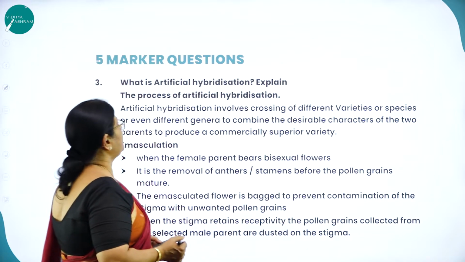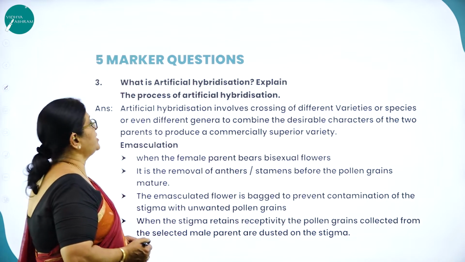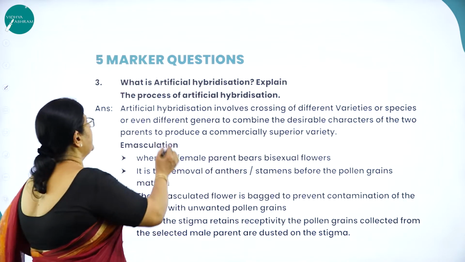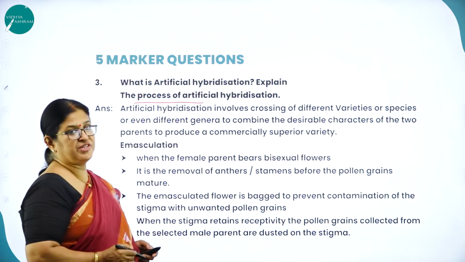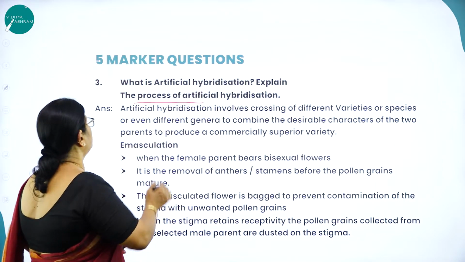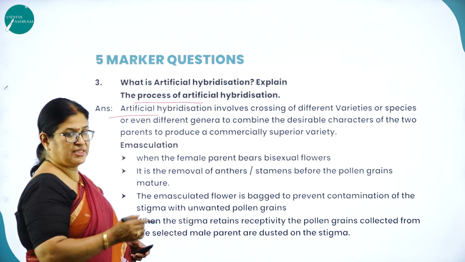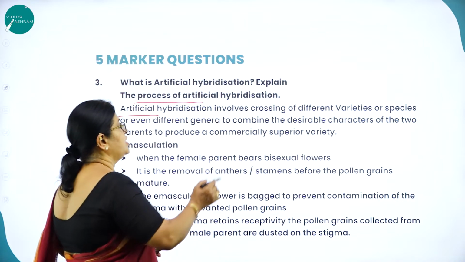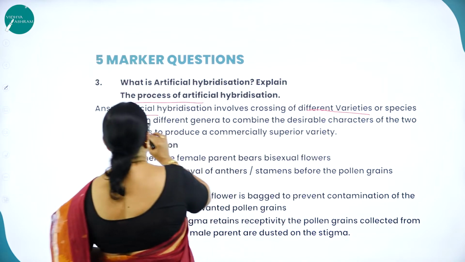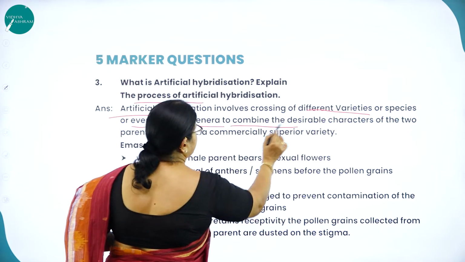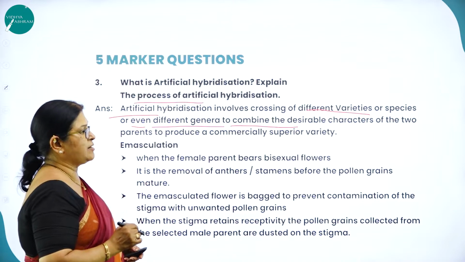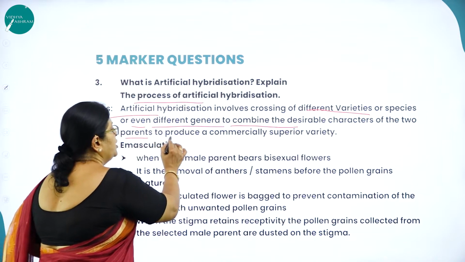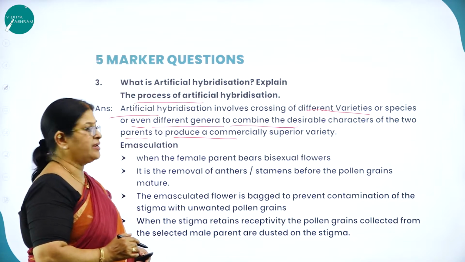Then 5-marker questions like, what is artificial hybridization? Explain the process of artificial hybridization. What I have already discussed in the previous question, artificial hybridization involves crossing of different varieties or species and even different genera to combine the desirable characters of the two parents to produce a commercially superior variety.